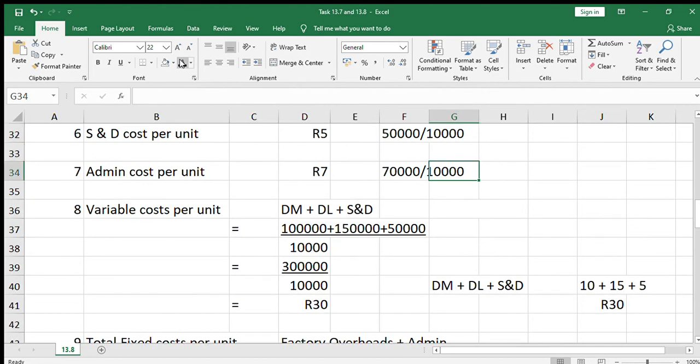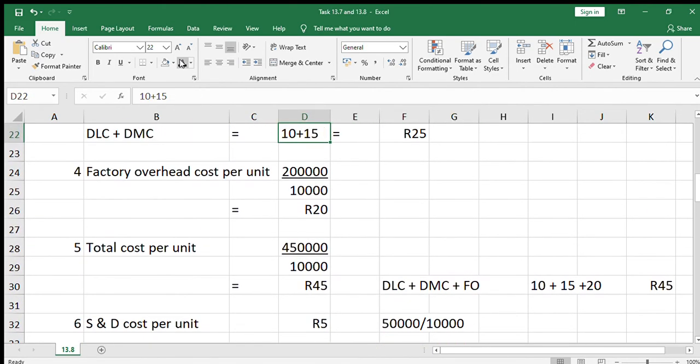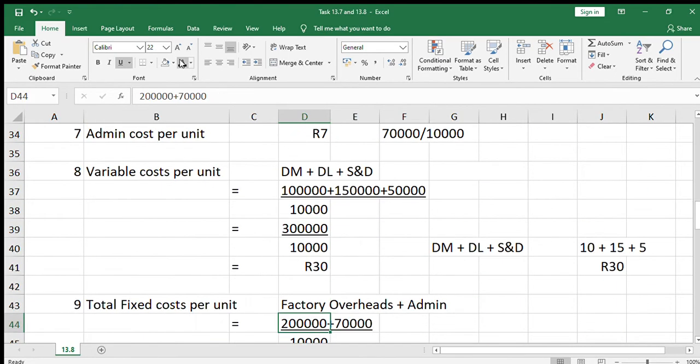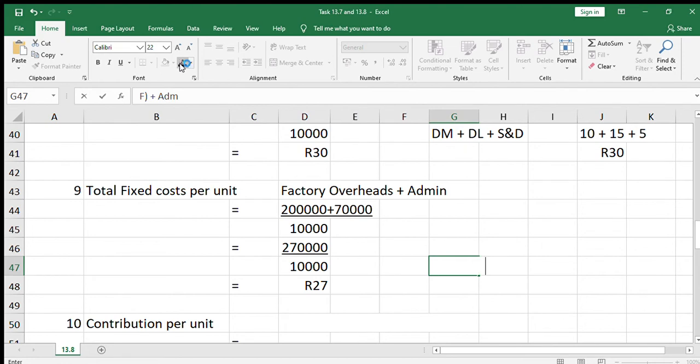Alternatively, you could have taken the 7 Rand administration cost per unit from number 7 plus the factory overhead cost per unit from number 4 and just added them up. You would have also got the same answer. So we could have taken our factory overhead cost per unit plus our admin costs per unit.